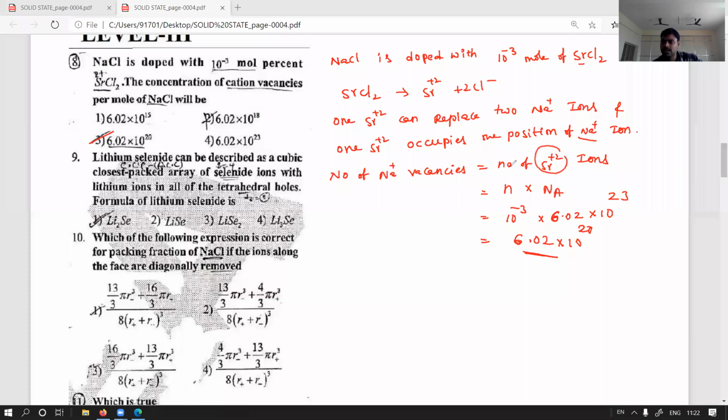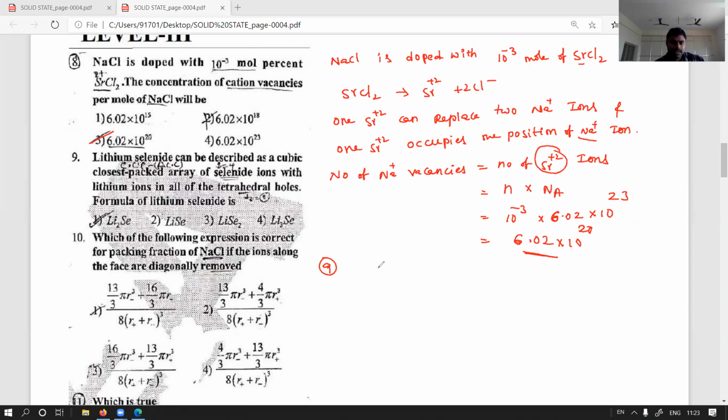Each Sr2+ ion replaces 2 Na+ ions, so half of the Na+ sites are occupied by Sr2+ ions and the remaining are vacancies. So the number of Na+ vacancies equals the number of Sr2+ ions, which is 6.02 times 10 to the power of 20. Let's see the ninth question.